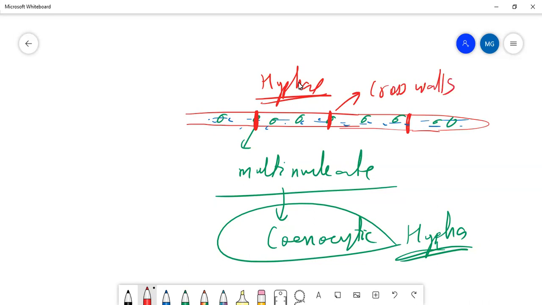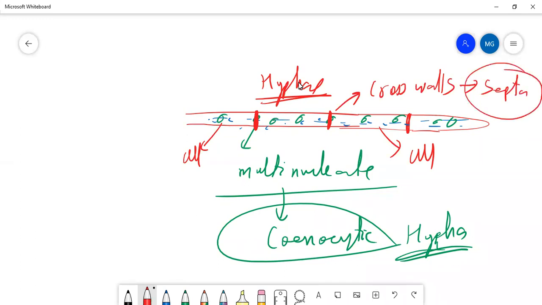Cross walls can divide this hypha into different cells. Now we have different cells, this is one cell, this is our second cell, so it becomes a multicellular structure. And we know these cross walls are called septa.